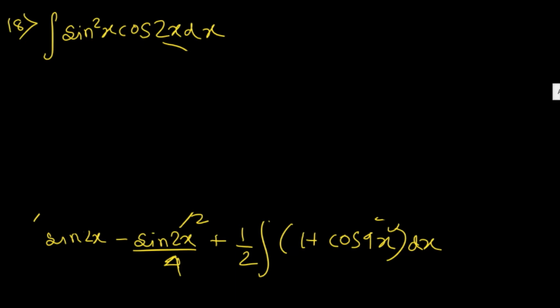Now you can easily see that sin 2x minus the part we have already obtained in the left side would remain unchanged because we are integrating only the 1 plus cos 4x part.